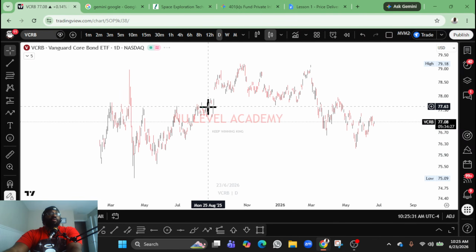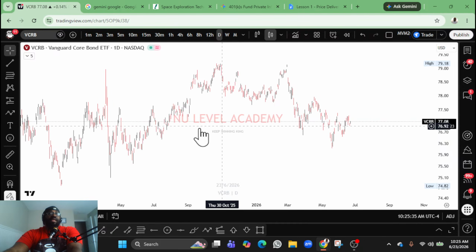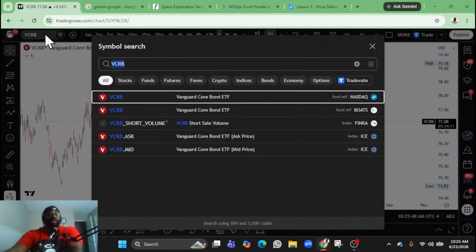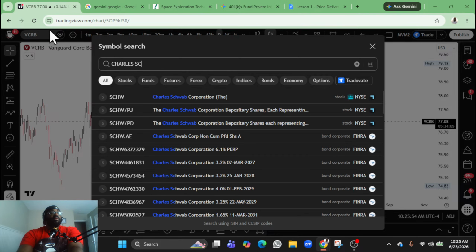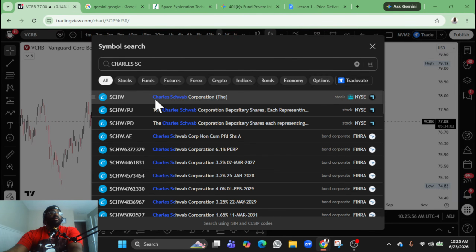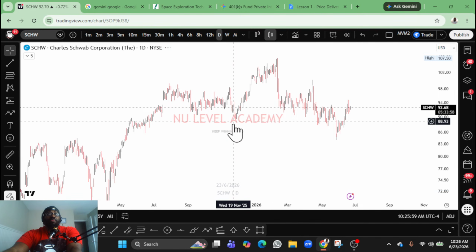here's Vanguard Core Bond. And this is just where you get consistency more so than anything. And you can feel protected within Vanguard for sure. And another one is SCHW, Charles Schwab Corporation.